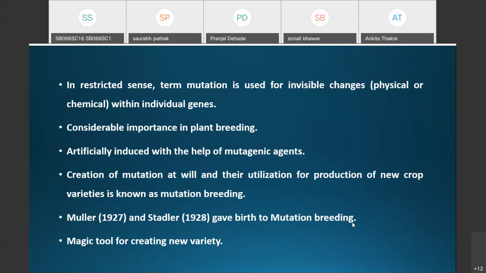Why is it not possible in the other methods, and why is the variety produced by mutation breeding different from the variety produced by other methods? For example, in selection, no new character or new gene is introduced in the variety.